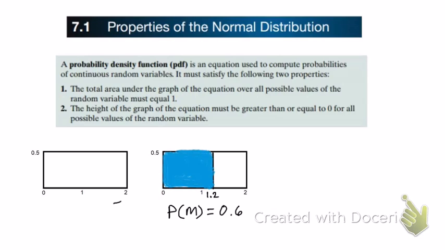Why? Because it takes up 60% of the area. If I were throwing darts at that thing and they had to hit inside that rectangle, the probability of them hitting in the blue part is 0.6. That's all it's saying. Because it has more area. Multiply 0.5 times 1.2. I kind of worked it backwards.